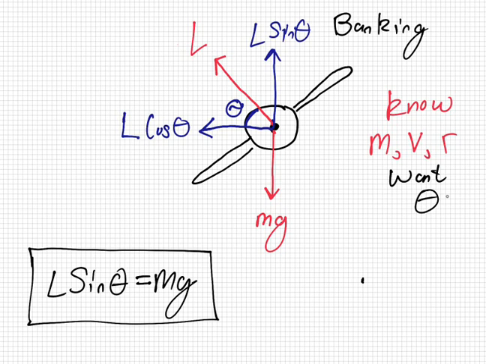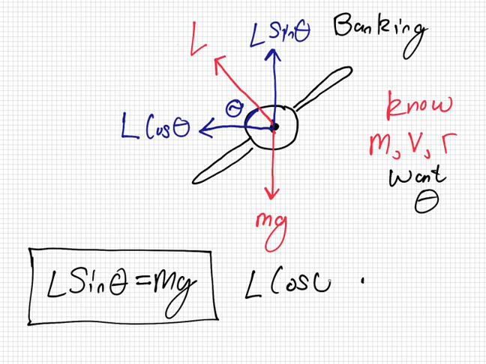If they were different, if L sine theta was bigger than mg, what would happen? The plane goes up, and if it was less, it would go down, but it's staying here in a circle, so L sine theta equals mg.